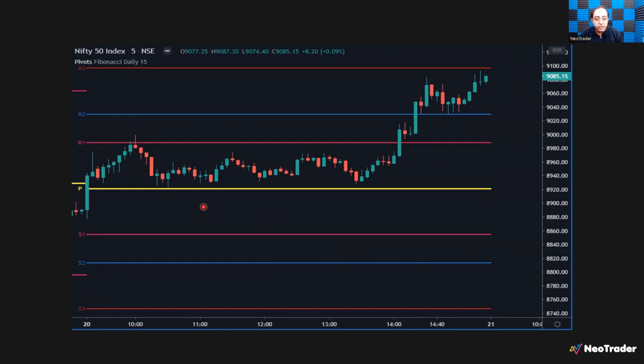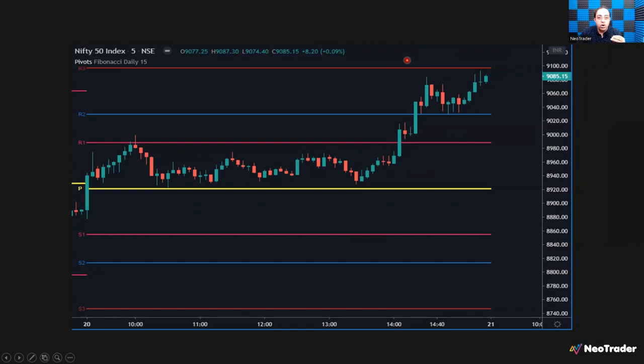For a profit booking zone, you have something called R3. R3 is 100% of the previous day's range, and it's a very good zone to book profit. In my years of trading, I've always found that R3 is a very good profit booking zone. Every time the prices move above R1, you will see that it will halt at R3.